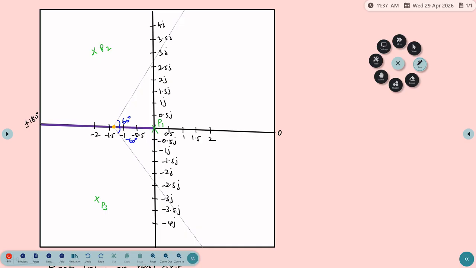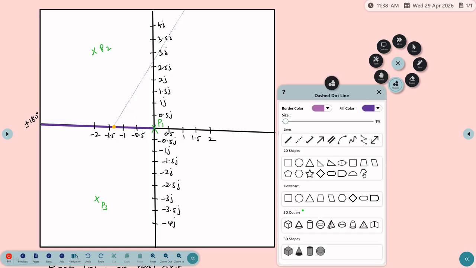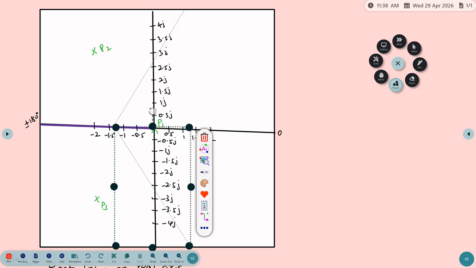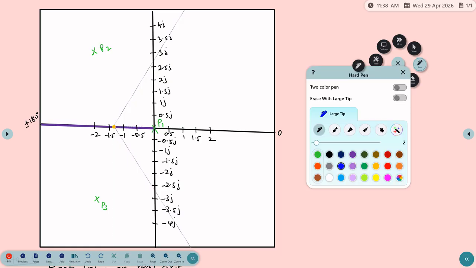So step number 3 is over. We mark the centroid area. From the centroid, we draw the line for angle of asymptotes of plus 60 degree and minus 60 degree. Then we will make some corrections in here. Yes, now it is okay.